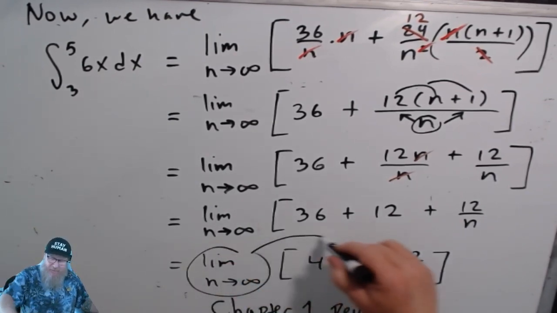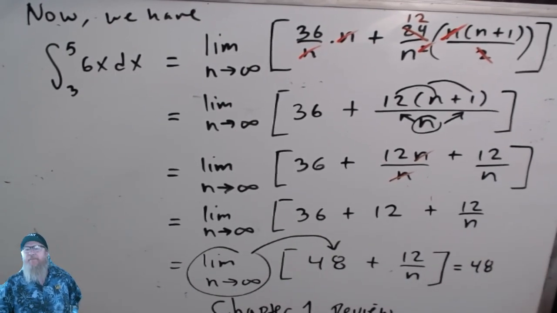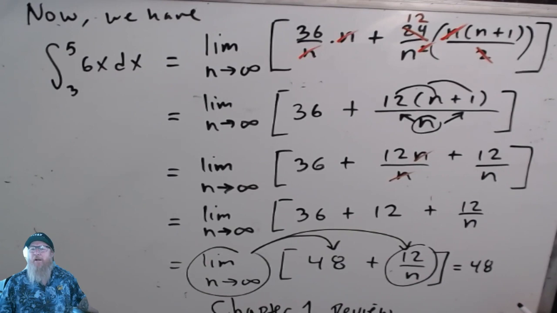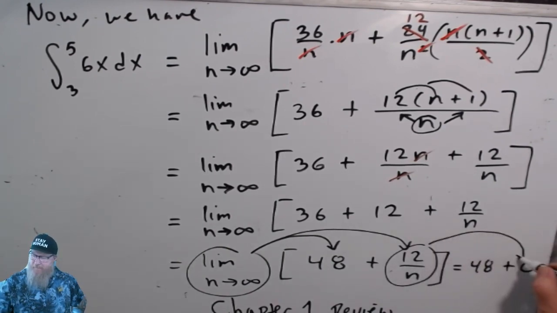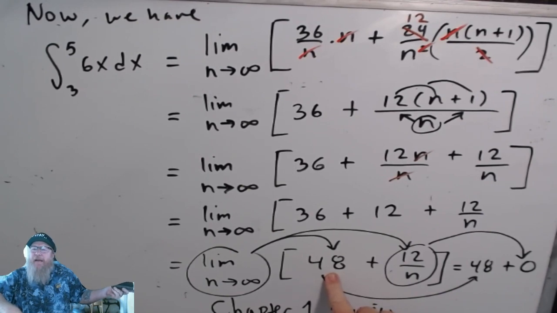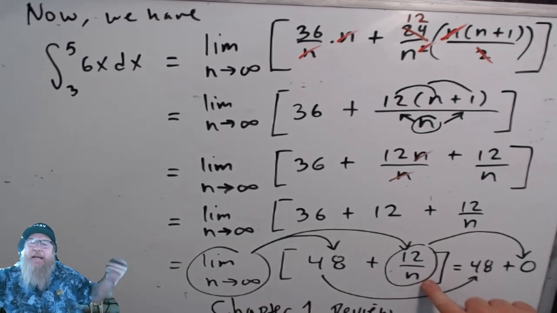As n goes to infinity, what happens to 48? Nothing. It just stays 48. As n goes to infinity, what happens to 12 divided by infinity? It goes to 0. So as n goes to infinity, 48 is a constant, so it just stays 48. This becomes 12 divided by infinity.